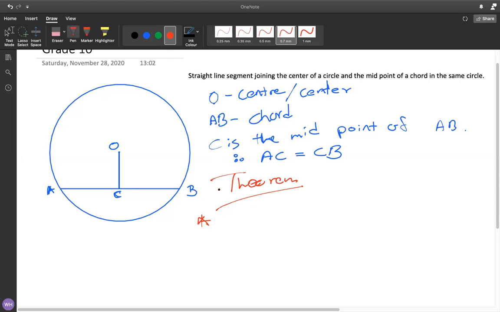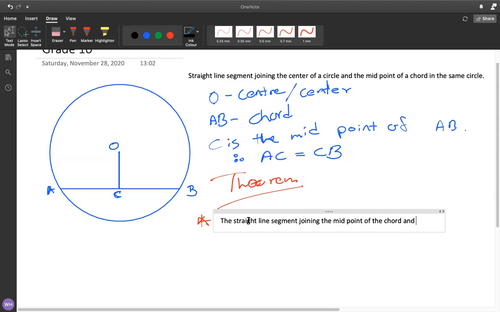The straight line joining the midpoint of the chord and the center of the circle is perpendicular to the chord.